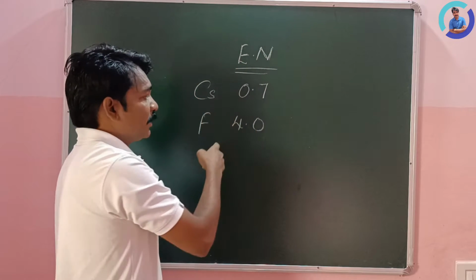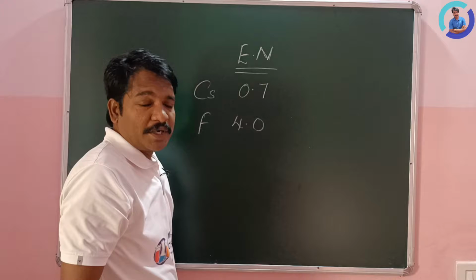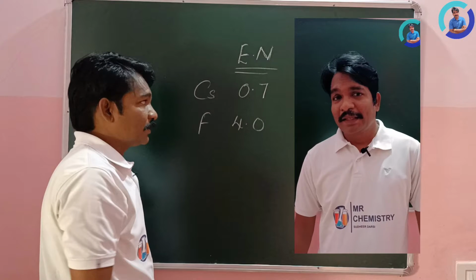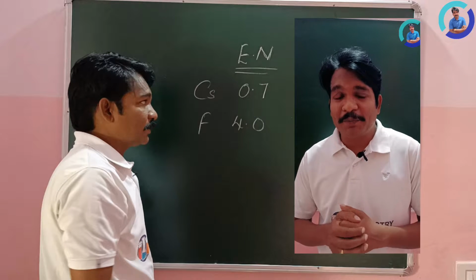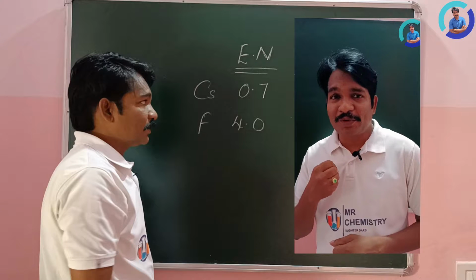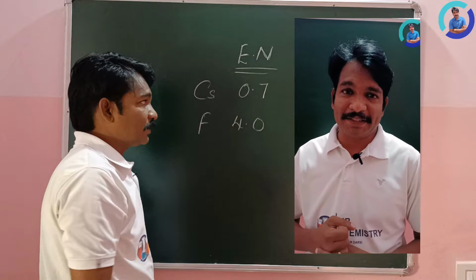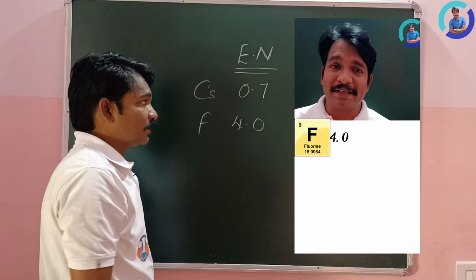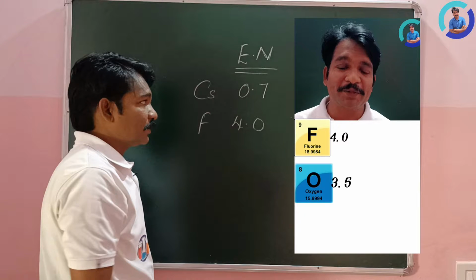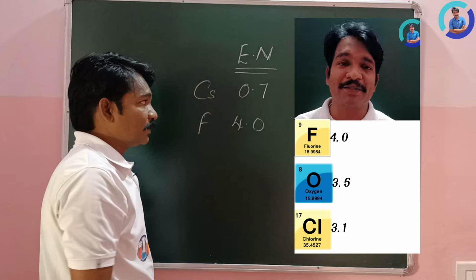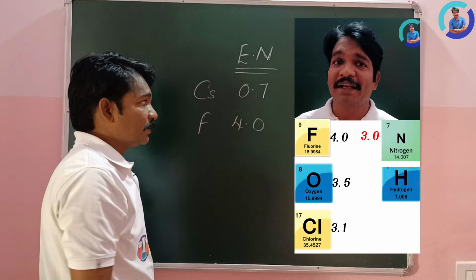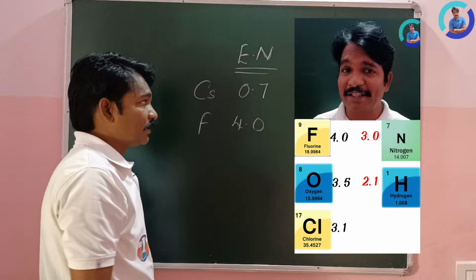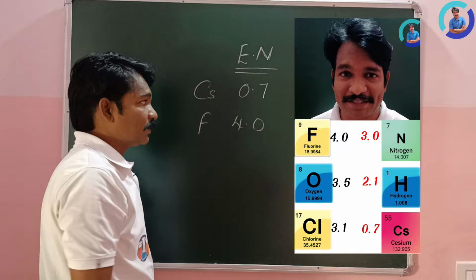The tendency of a bonded atom to attract the bond pair of electrons towards it is called electronegativity. Fluorine has the highest electronegativity with 4.0, and next oxygen has 3.5, chlorine has 3.1, nitrogen 3.0, and hydrogen has 2.1, and the least one is cesium, 0.7.